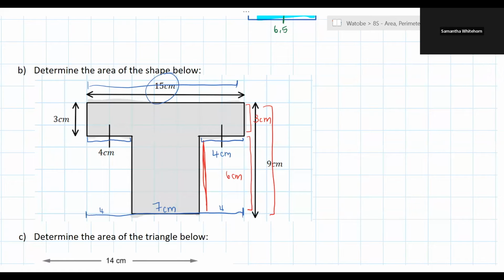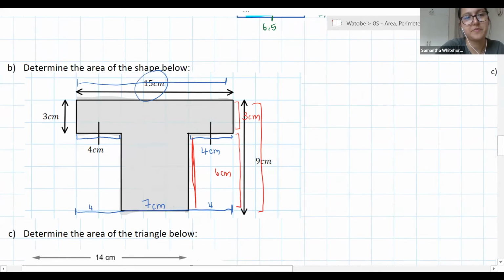Okay, are we ready? Back. Right, guys. Lolita, you're going to tell us. So I split it up into the top part of the T and then the bottom part.